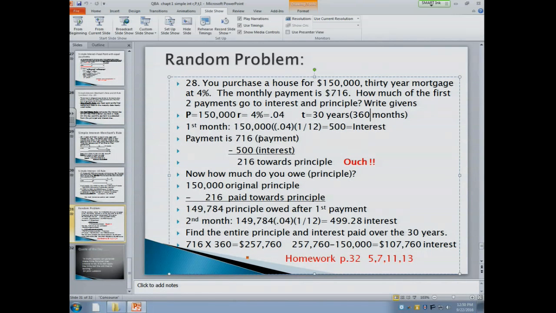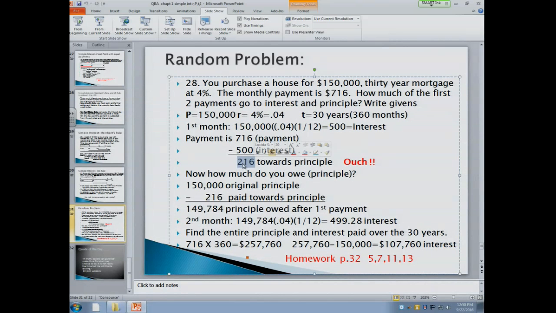Now remember, your payment is $716. Of that, $500 is going to interest. The bank gets to keep that. If you subtract those two numbers, $216 will pay down your principal of $150,000.